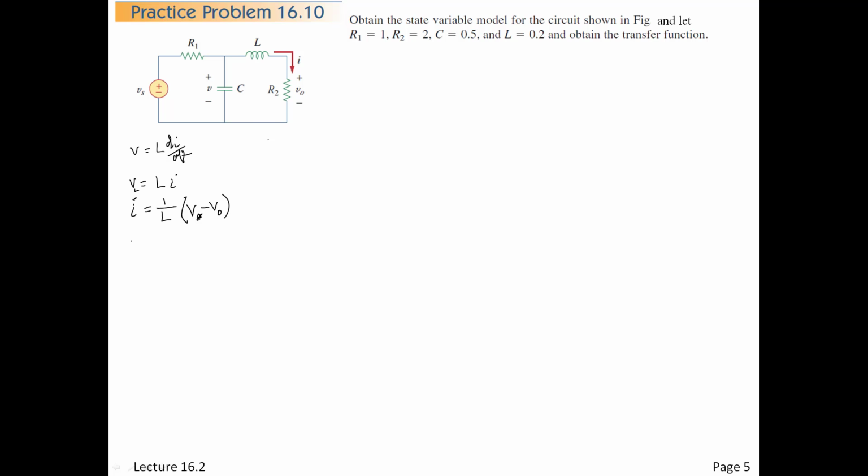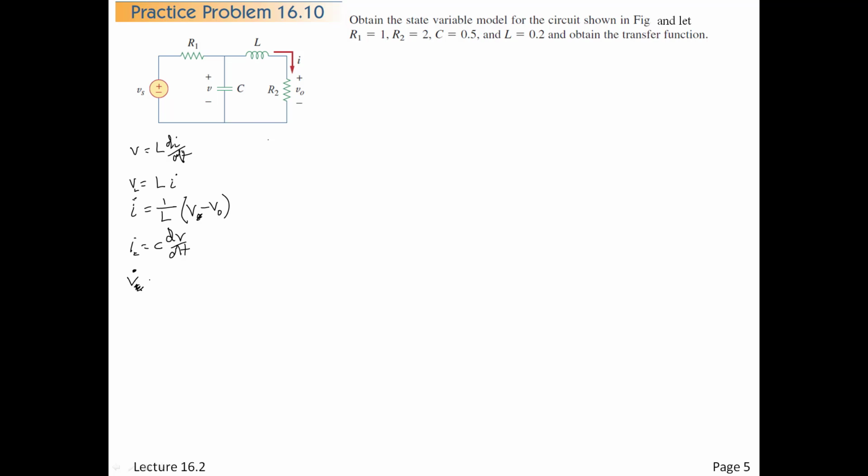The current in the capacitor. So I of the capacitor is C dV/dt. All right, so we can write this very easily as what? The V of the capacitor, or V in this case, I'll get rid of this since it's already labeled in the diagram.